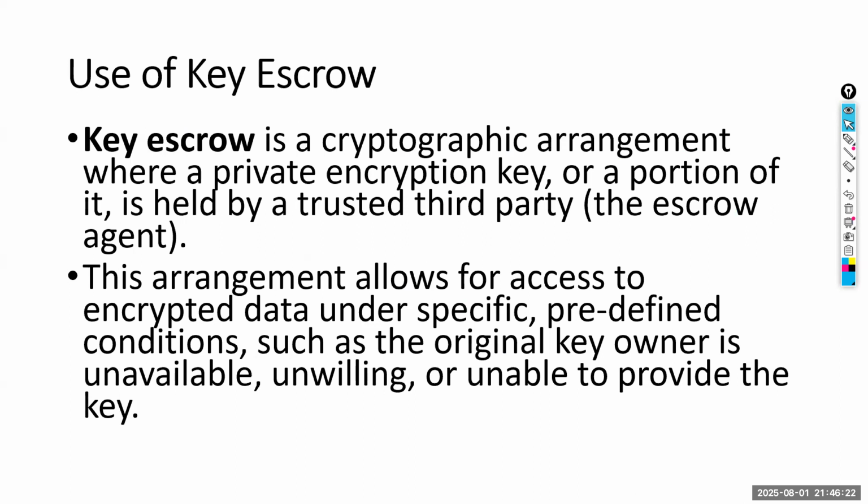But anyway, that is not a perfect solution. It at least reduces that burden from you to a trusted third party. It's something like keeping your important documents with a lawyer and the lawyer handles it for you.